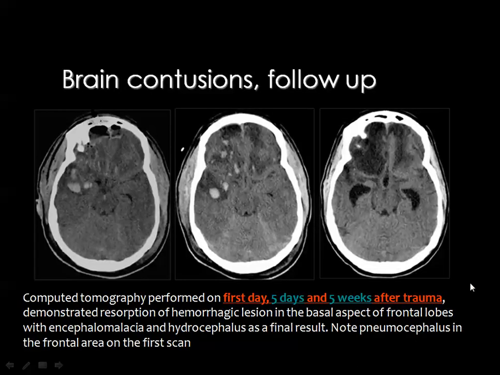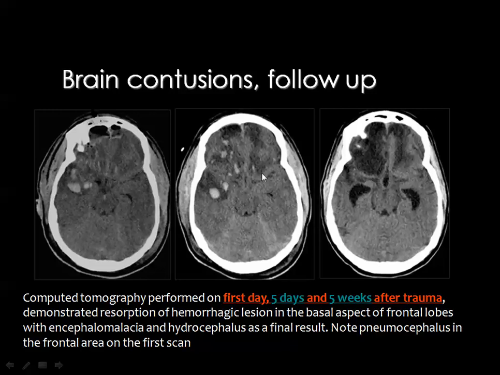So if you are confronted by a cerebral contusion and you are doing follow-up exams, this is the usual sequence of events. In the acute stage, you can see a swelling of the brain tissue, diffuse hypodensity with foci of hyperdensity representing the hemorrhage inside the contusion.